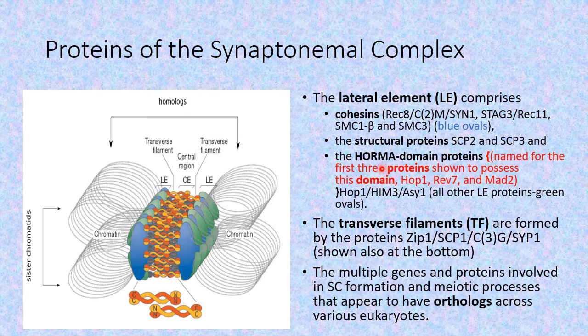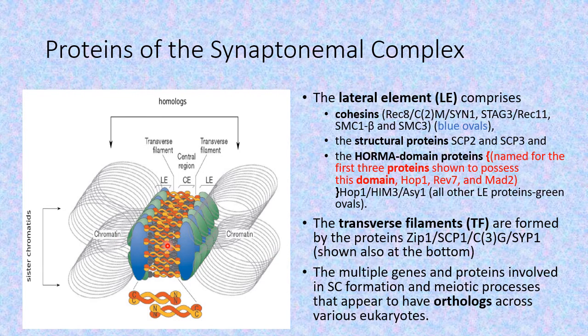So this name HORMA: HO from HOP1, R from REV7 and MA from MAD2. These HORMA domain proteins are also different for different eukaryotic organisms, but this lateral element comprises the cohesins, the structural proteins and the HORMA domain proteins.